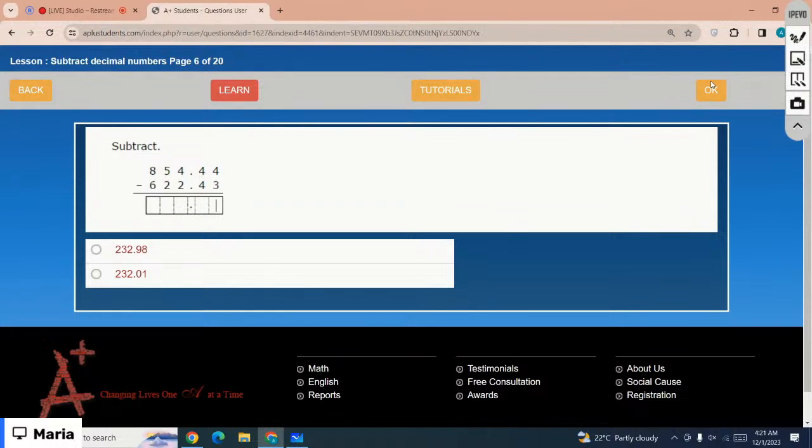Yes, just line up the decimal point and simply subtract. So the correct option is, yes, that is option number 2. 232.01 is the correct option, right?